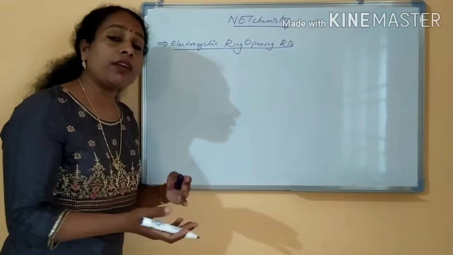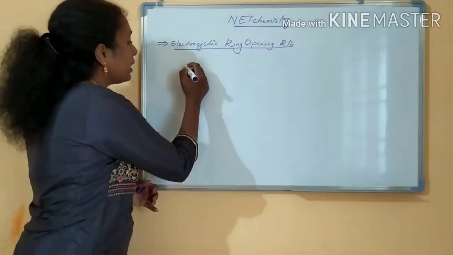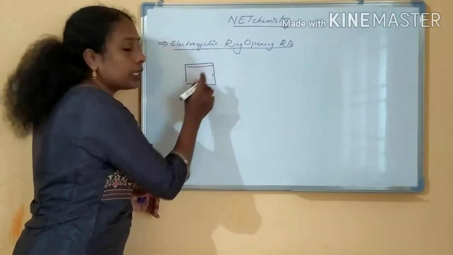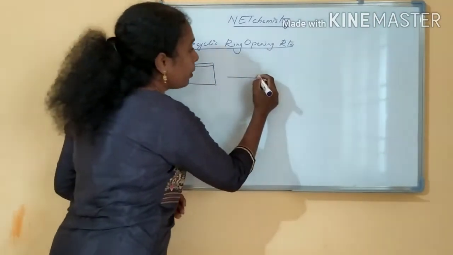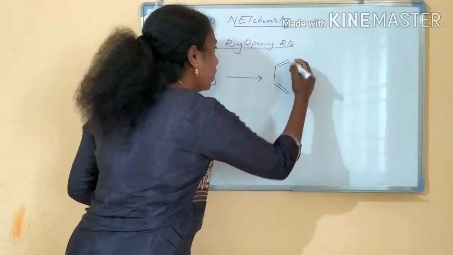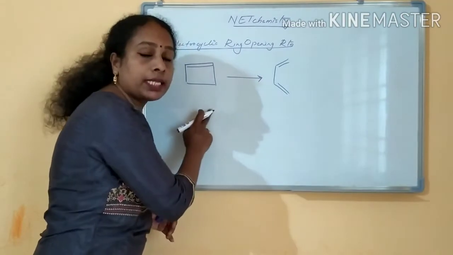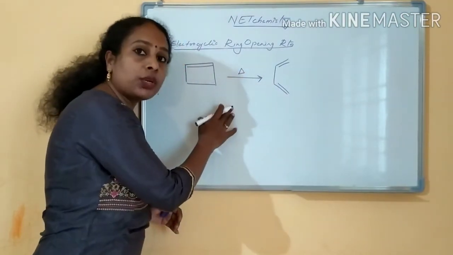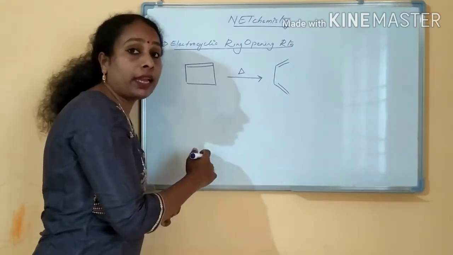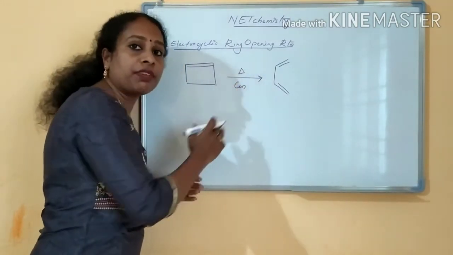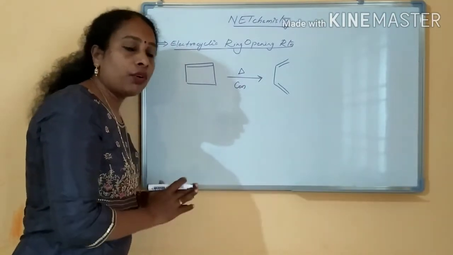Last day, during ring closure, we saw cyclobutene forming from 1,3-butadiene, right? The ring closure happens and cyclobutene forms. Under thermal condition, conrotation was giving us the symmetrically allowed product.